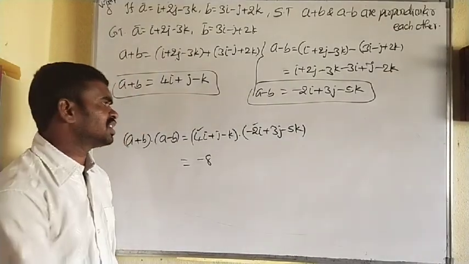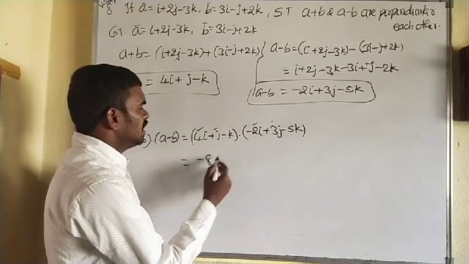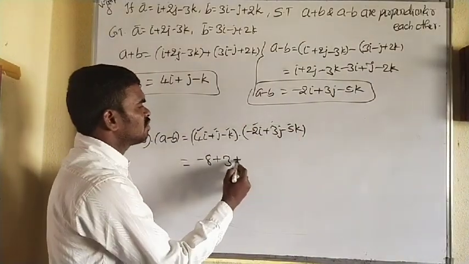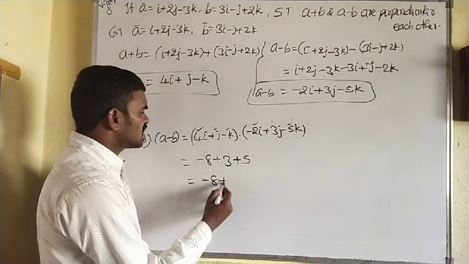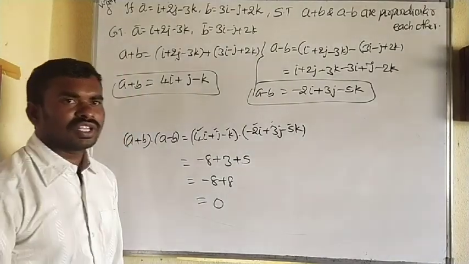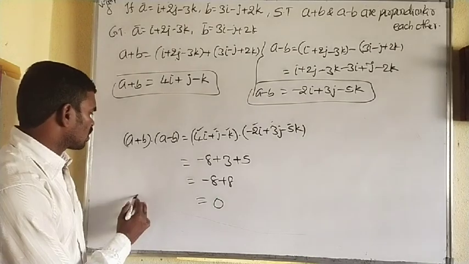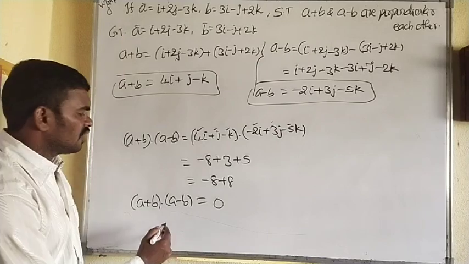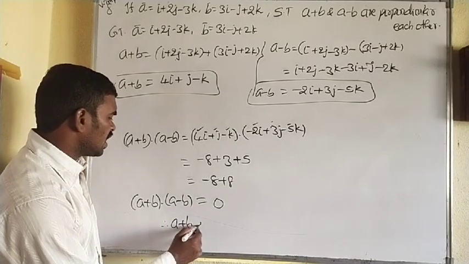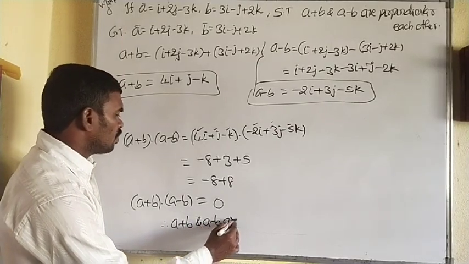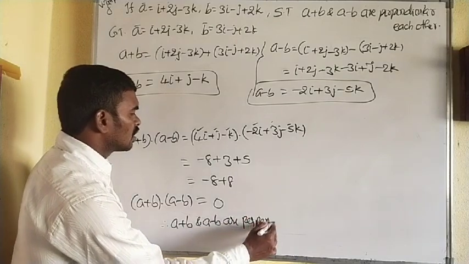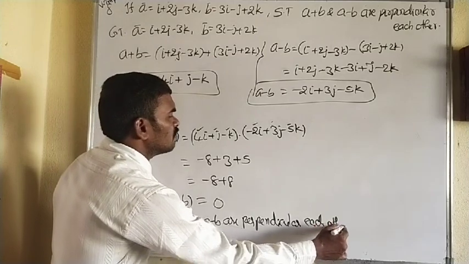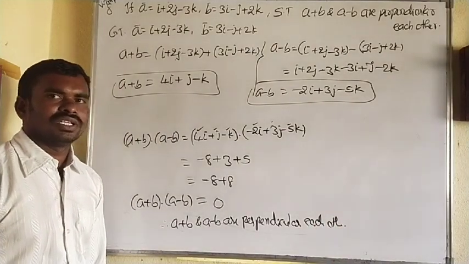Next j coefficient with j coefficient, 1 into 3 is 3. K coefficient with k coefficient, minus 1 into minus 5 is plus 5. So minus 8 plus 8 is equal to 0. Therefore the dot product of a plus b dot a minus b is equal to 0. Therefore a plus b and a minus b are perpendicular to each other. So simple question, but it is important. Okay. See the next problem.